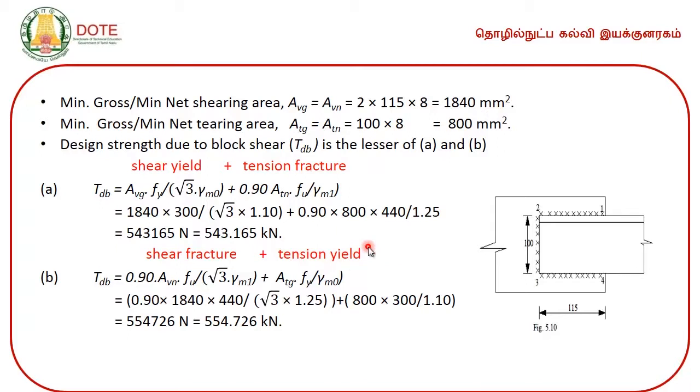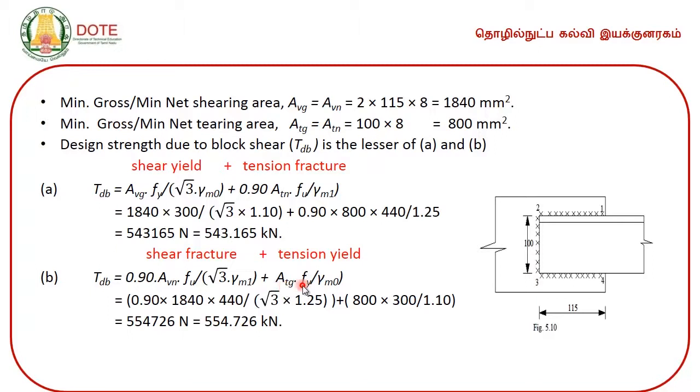The second option is the shear plane in fracture and the tension plane in yield. So, since it is in fracture, we have to take the net area and the ultimate stress, that is simple, associated with the relevant partial safety factor. This will give you the load for this part, and this will give you the strength for this part, that is tension in yield. Again yield, I said, is always associated with the gross area.